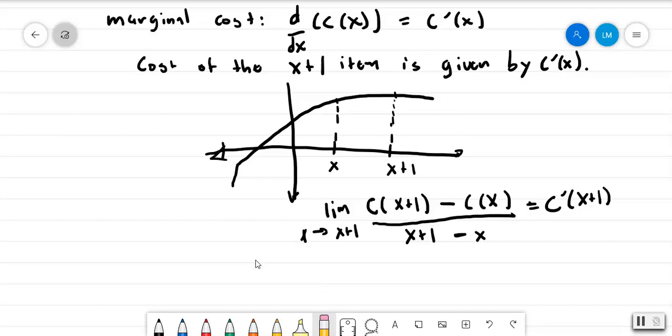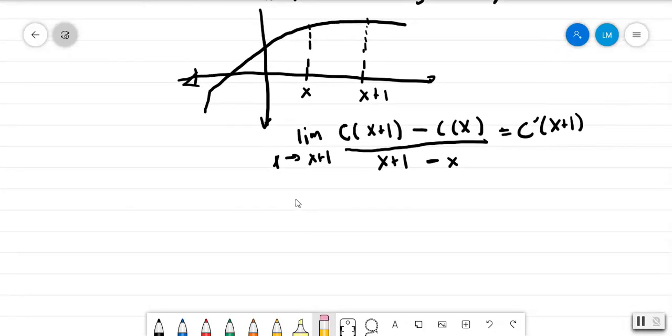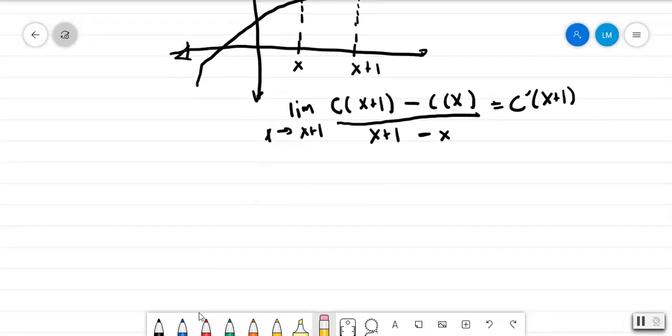What we can do here is look at an example, for instance.